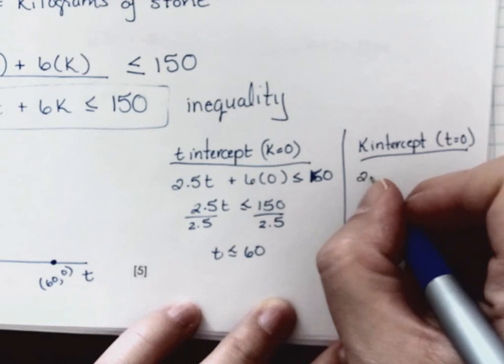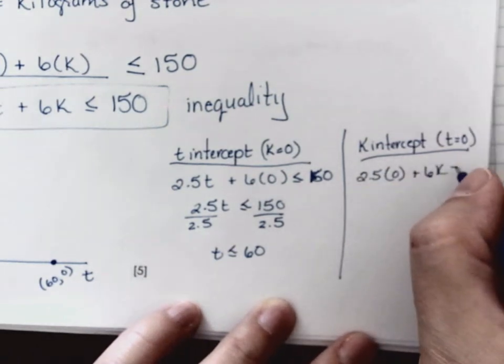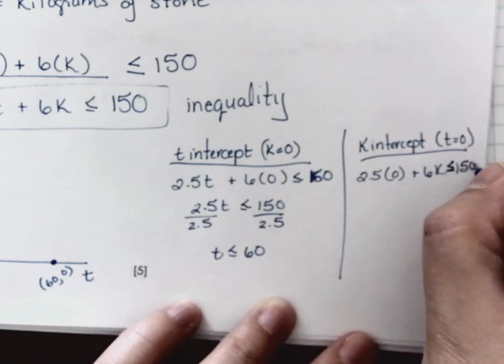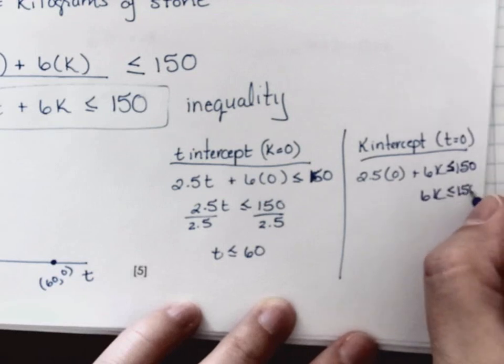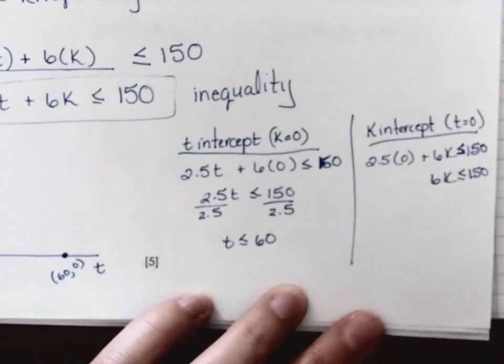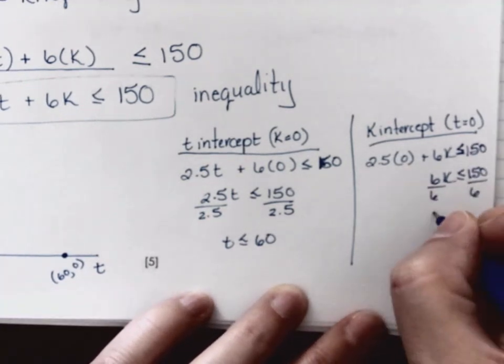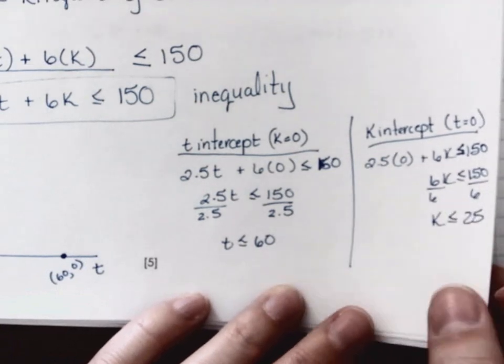So we're going to have 2.5 times 0 plus 6K is less than or equal to 150. So 6K is less than or equal to 150. I'm going to divide by 6. K is less than or equal to 25.